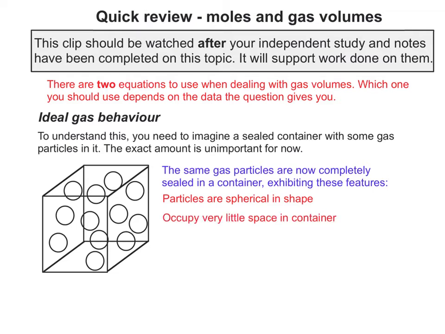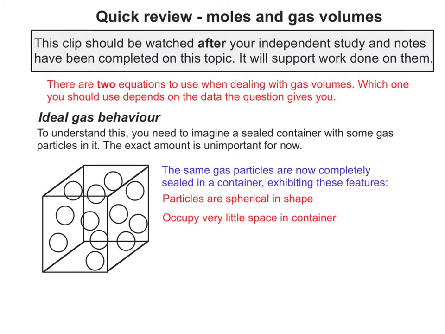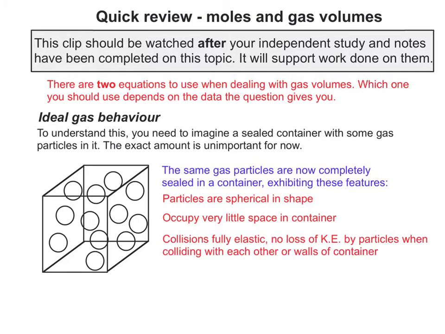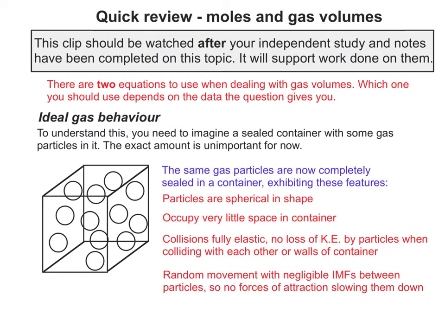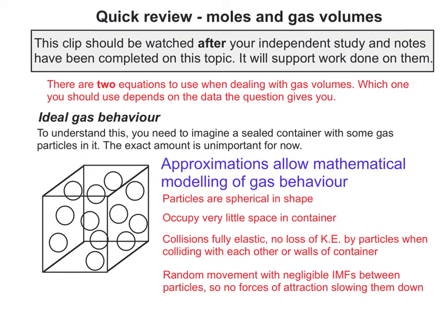They occupy a very small proportion of the actual volume of the container. All collisions between them are completely elastic with no loss of kinetic energy. And finally, particles move randomly with negligible intermolecular forces between them, especially during collisions. All of these are, of course, approximations that we make in order to use equations to model what is actually happening.